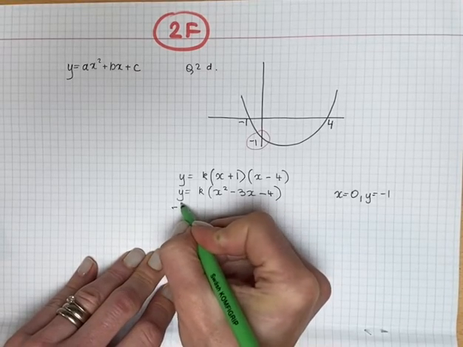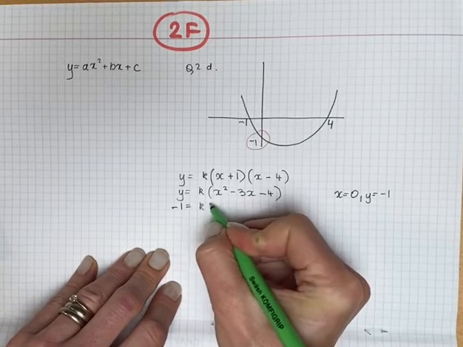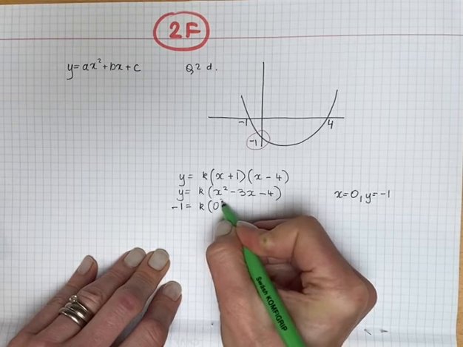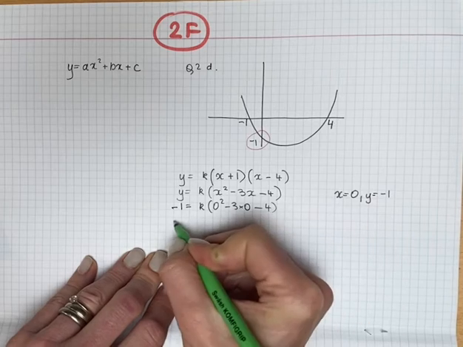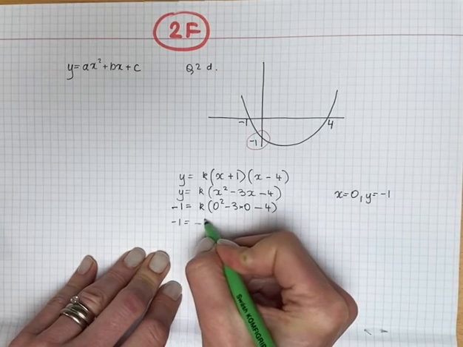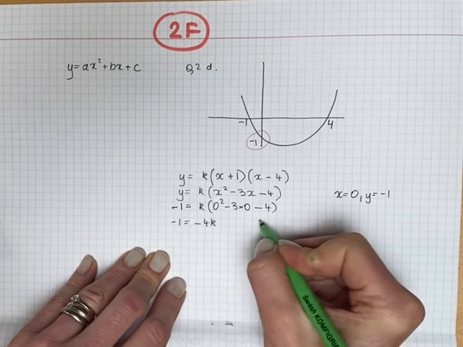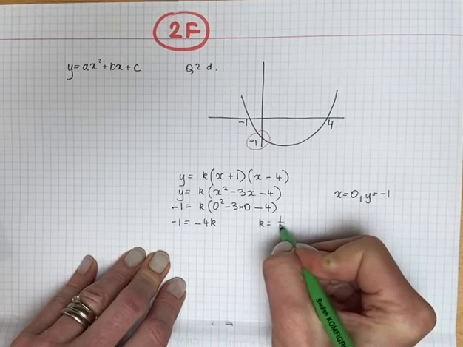If I sub these values in, I'll have 0 squared minus 3 lots of 0 minus 4. That gives me -1 is equal to -4k, so you can see that k is equal to a quarter.